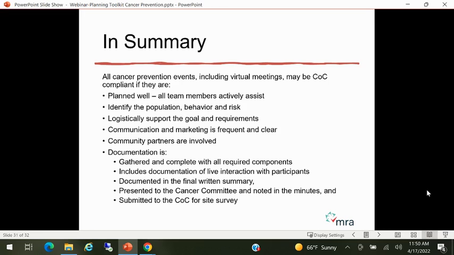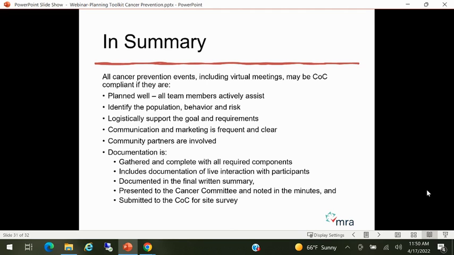And lastly, and we know some people say the devil is in the details, but certainly your documentation and what you present to Cancer Committee, what you share with the COC at site survey, this is a critical piece to compliance and success. Make sure that it's gathered and complete with all the required elements.